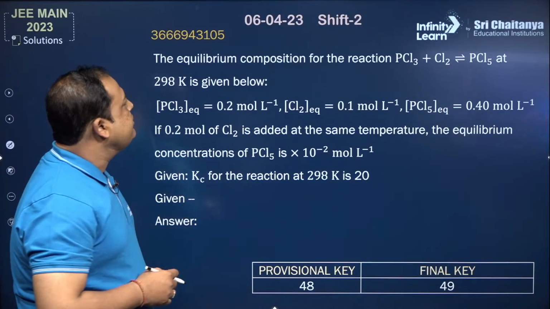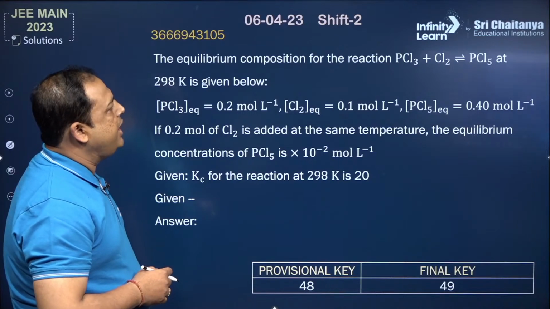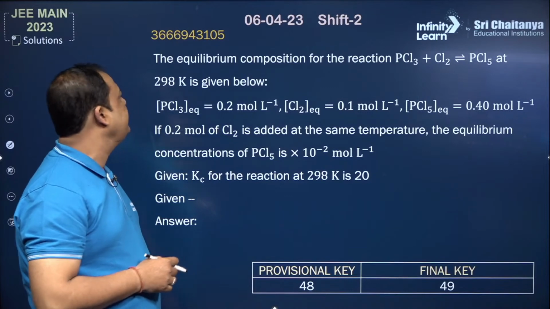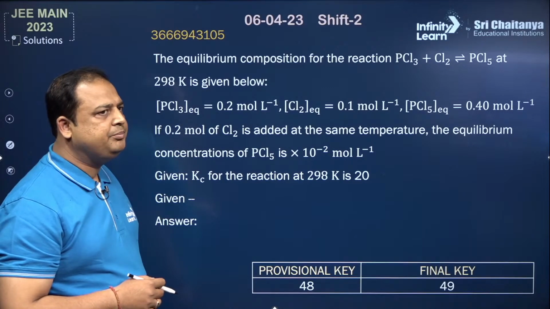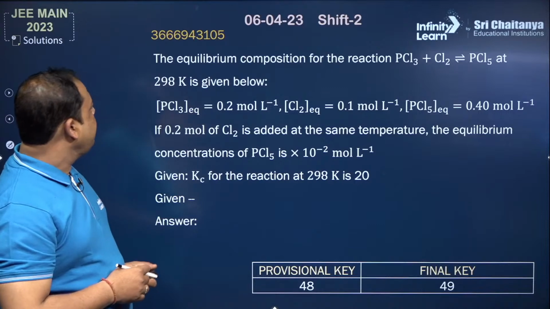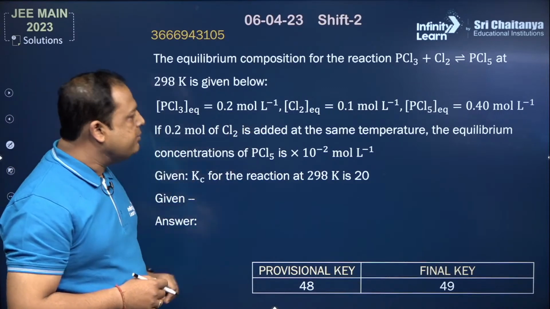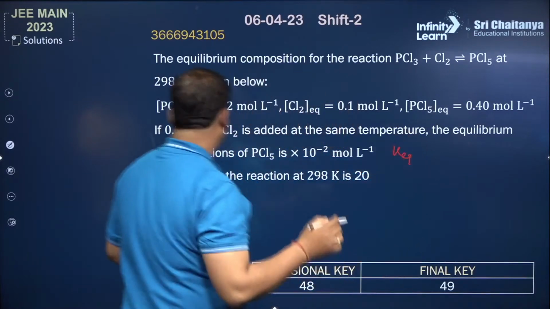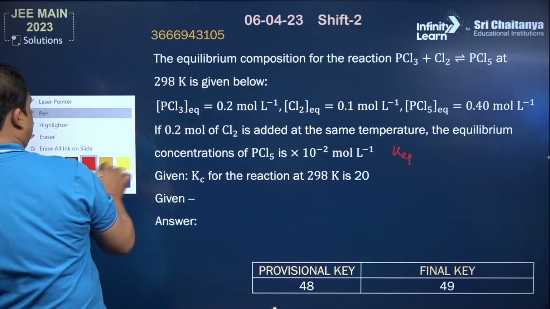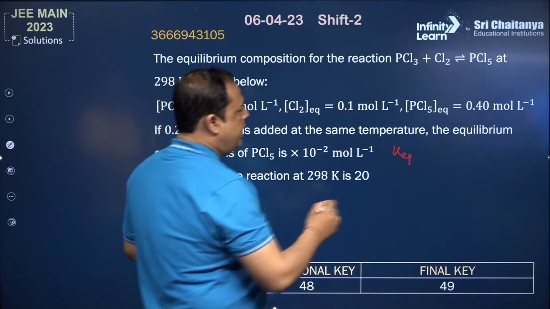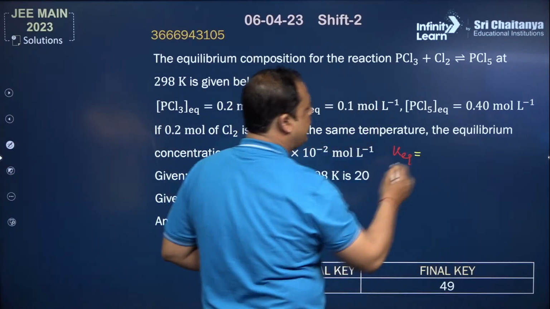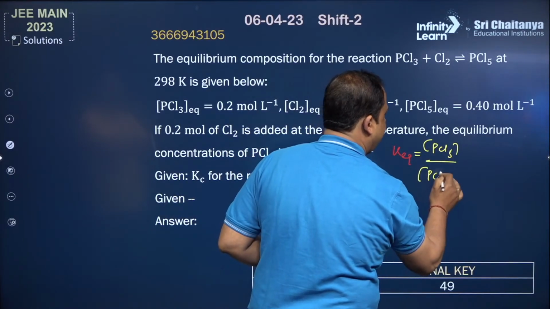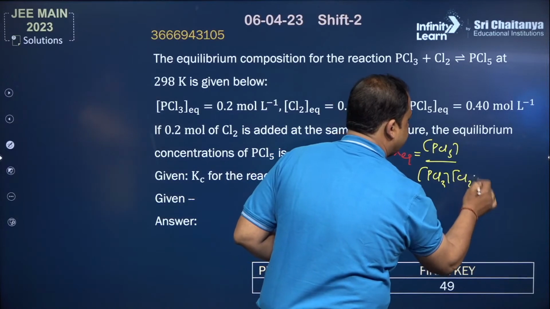The equilibrium composition for the reaction of PCl5, PCl3 and Cl2, in equilibrium with PCl5 at 298 Kelvin, is given below. So what is the concentration given at equilibrium? K equilibrium is equal to the concentration of PCl5 divided by the concentration of PCl3 times the concentration of Cl2.